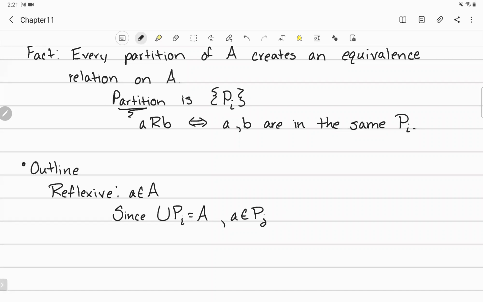He's in at least one of them if the union is everything. So is a in the same set as himself? It's kind of silly, but yeah, so a is related to a. I had to make sure he was in one of them first, but once he's in one, he's related to himself. Okay. Symmetric.